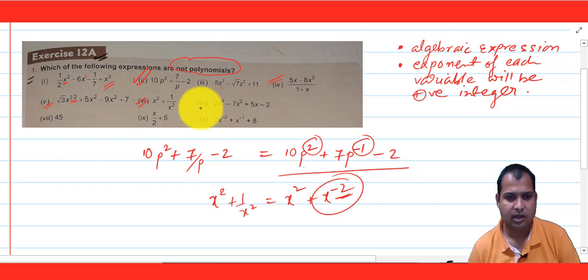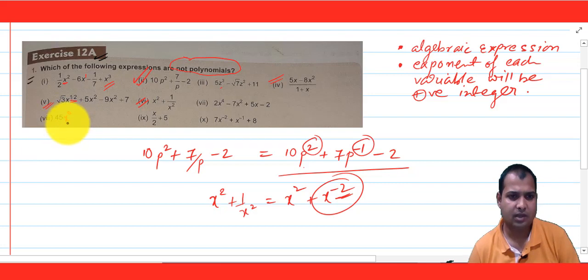Next, here you see that each variable has a positive integer in its power, so it is a polynomial. Now this 8, it is a polynomial, because you can write it like this. It's an algebraic expression which contains a variable and a constant.